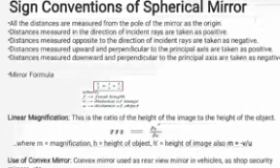Distances measured upward and perpendicular to the principal axis are taken as positive. Height upward is positive. Distances measured downward and perpendicular to the principal axis are taken as negative. Height downward is taken as negative.